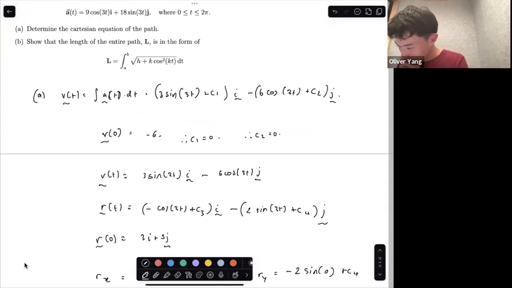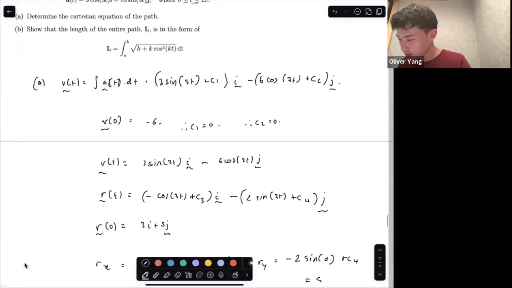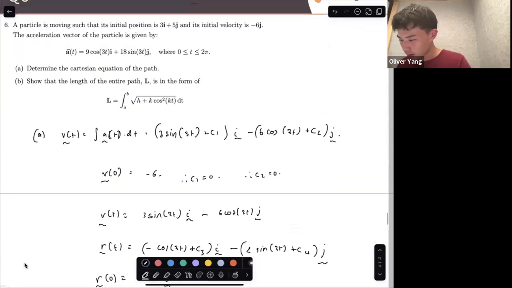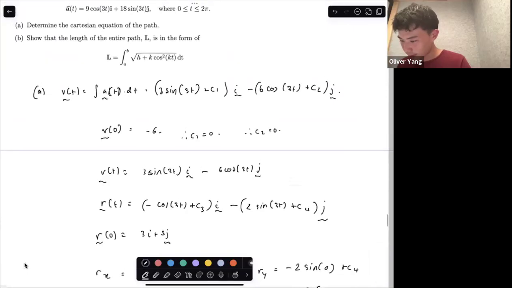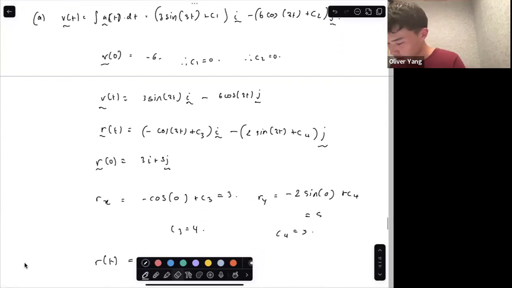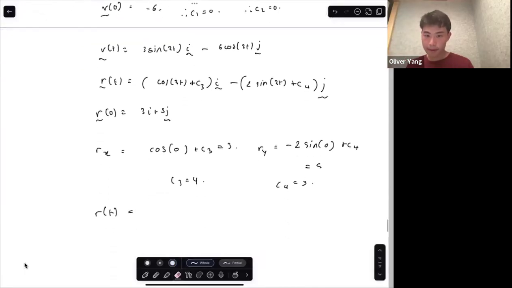I feel like I'm missing something. No, it should be all negatives, right? Yeah, it should be all negatives. Cos, this should be positive cos. That's what I thought was going on.